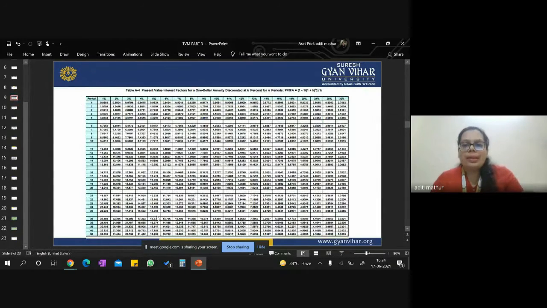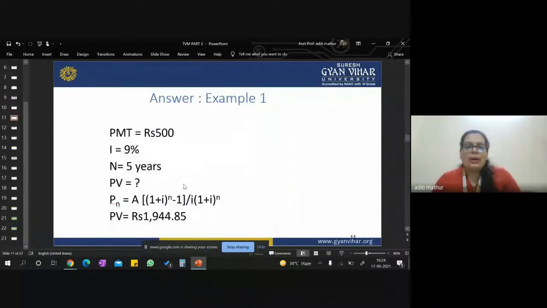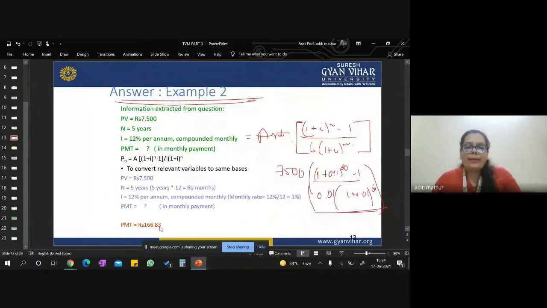This table is your present value interest factor for the annuity. Let us use this table to calculate your factor overall, and when you multiply it with your 7,500, you will get 166.83 monthly payments for 5 years.